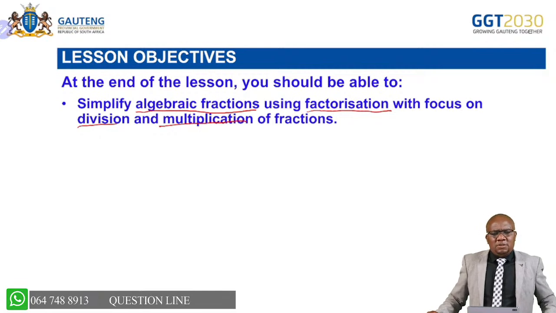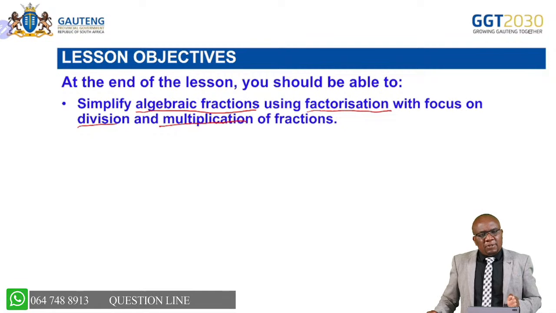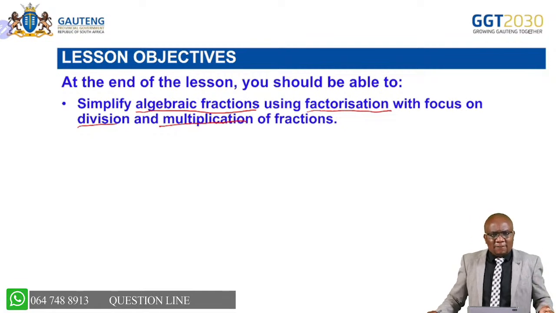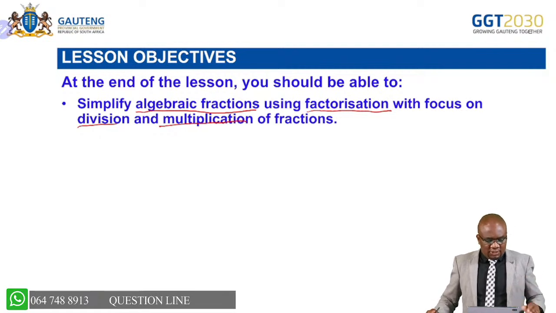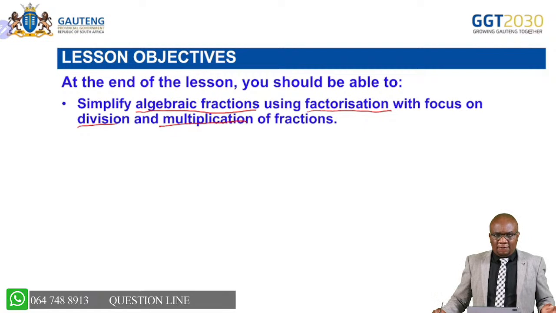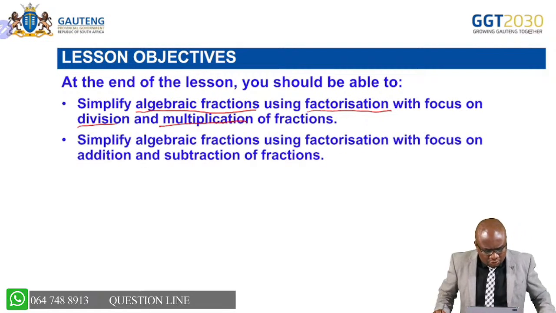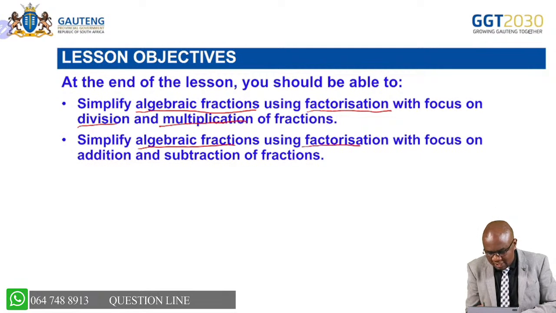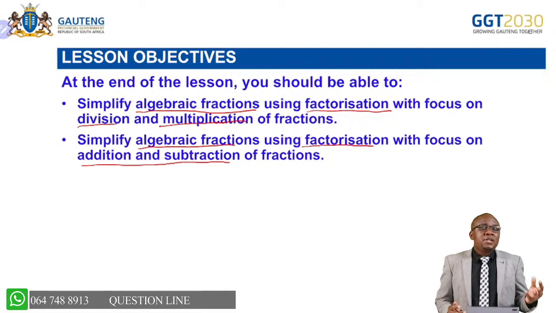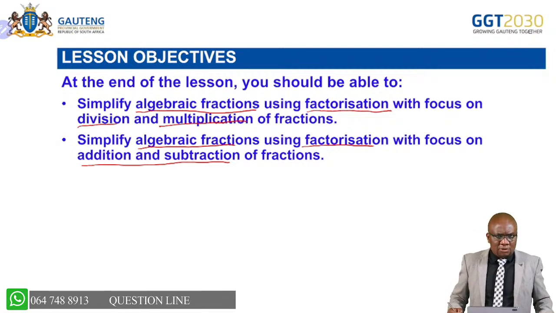No, not different. The way we multiply numerical fractions is just the way we are going to use today. Don't think it is going to be difficult. Very, very easy. We are going to simplify algebraic fractions using factorization with focus on addition and subtraction. So it means all four operations. That's what we're going to do today.